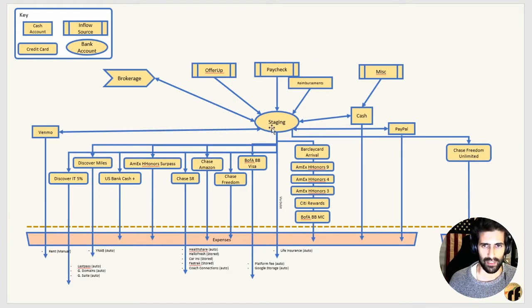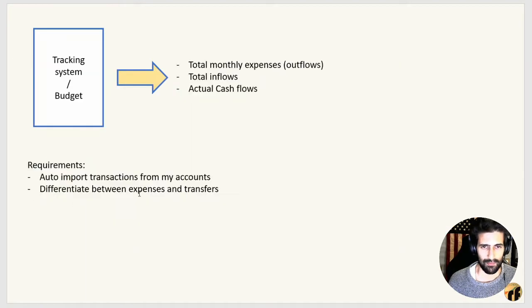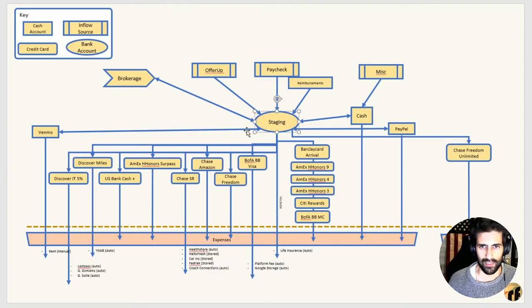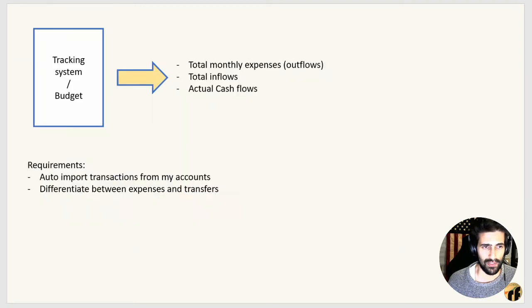Let's say I'm just moving money from staging to Venmo. That's a transfer. That's not an expense. So it's got to be able to differentiate between that. The auto import is going to say, oh, money has left the staging, and then the auto import for Venmo should say, oh, money has come into Venmo. So the software that I'm using has to know that I have to be able to call that a transfer, and it's not going to be calling it an expense.